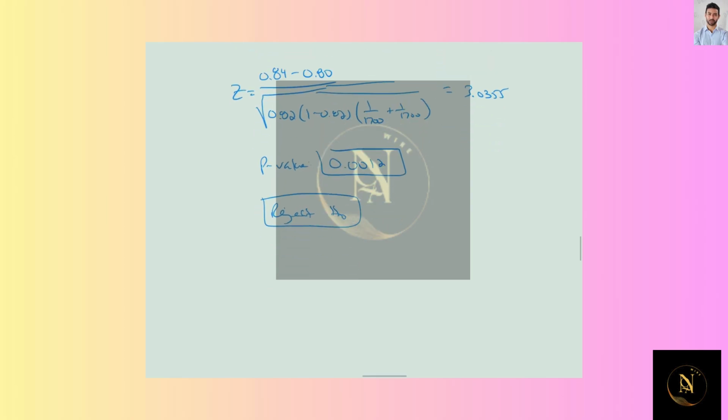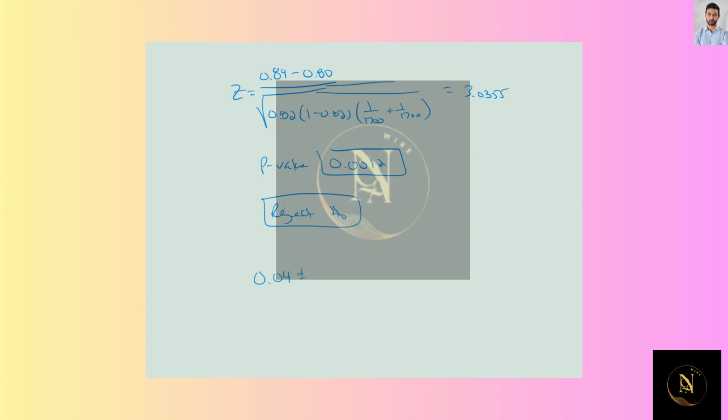The 95% confidence interval is going to be the difference between the proportions, which is 0.04, plus or minus the critical z for 95%.